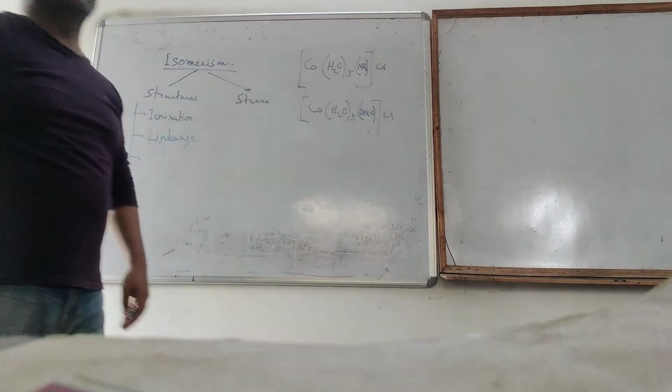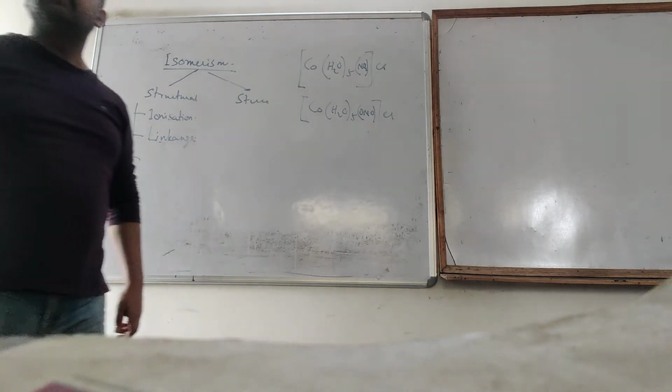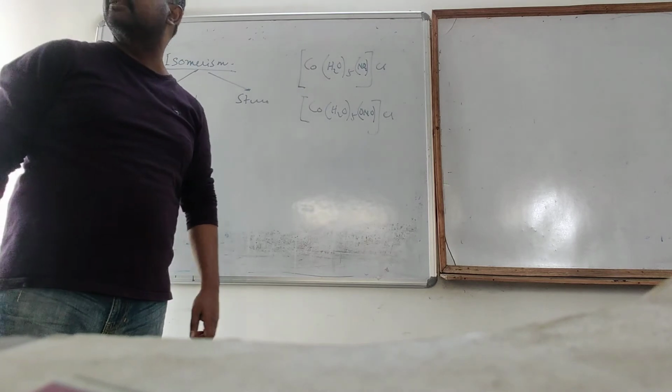First of all, are they isomers or not? They are isomers having the same molecular formula. How are they differing? Tell me. Where are they differing?